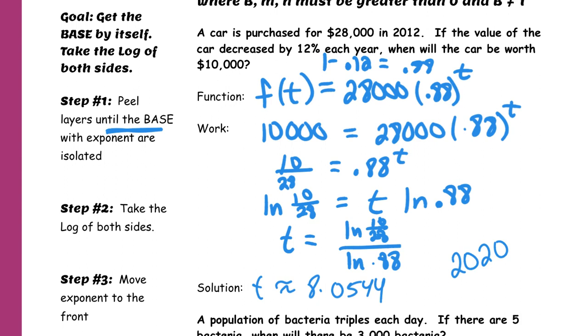Take away the 8. What's 0.05 of 12? 0.6. 0.6 of a month. So if this happened, it'd have to happen in late December for us to be saying some 2021 stuff, right? Do you agree? So 2020 is a fair estimate. You can even follow up, it should be 2020, about 8 years from the date, right? We okay with all that?